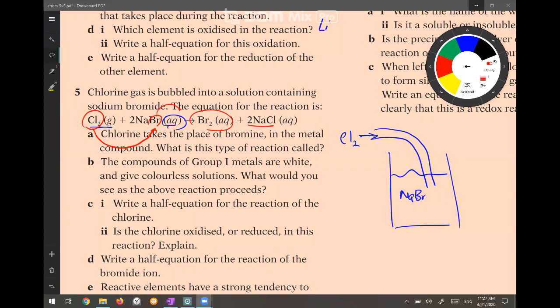Anyone knows? This reaction is called single displacement reaction. A single displacement reaction is a reaction in which one atom replaces another atom in the compound.